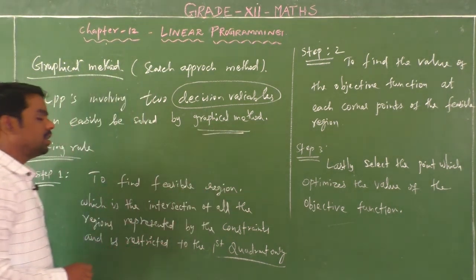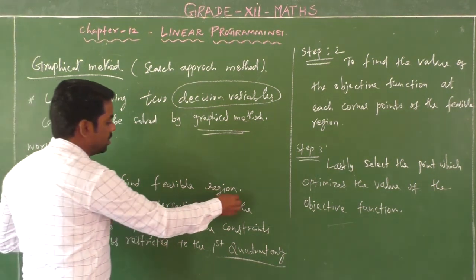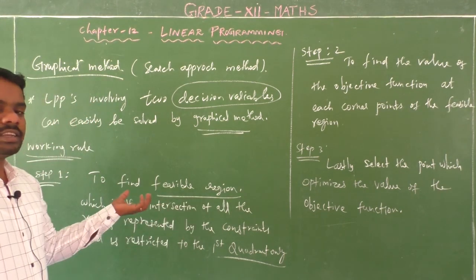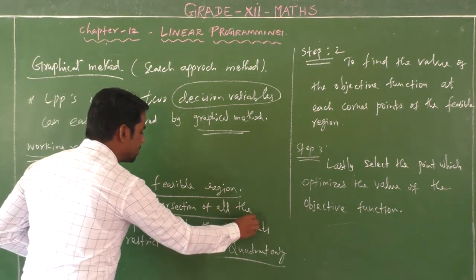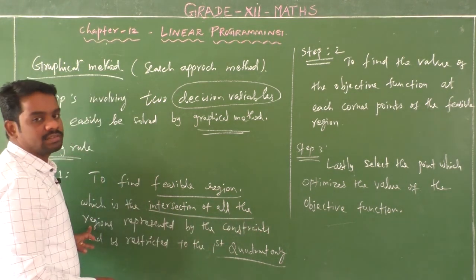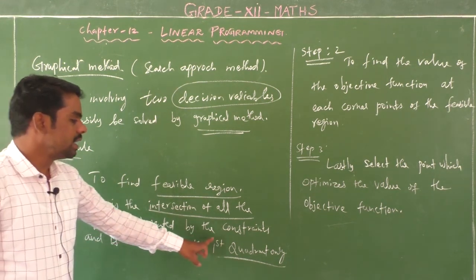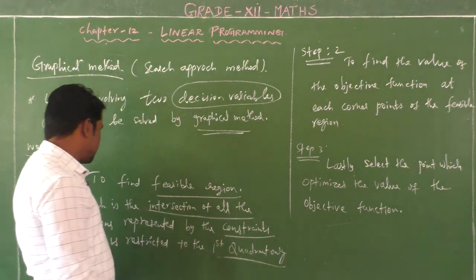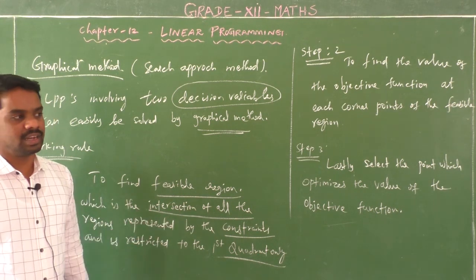Okay, right. So working rule for the graphical method, listen. Step 1, find the feasible region. The feasible region is the intersection of all the regions represented by the constraints, and is restricted to the first quadrant only.